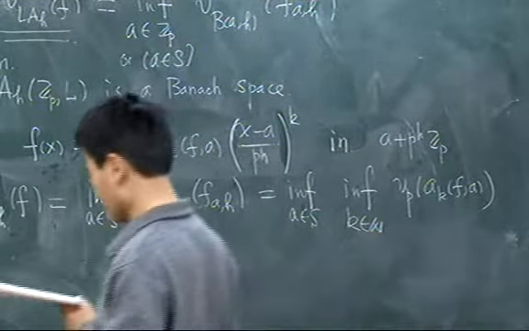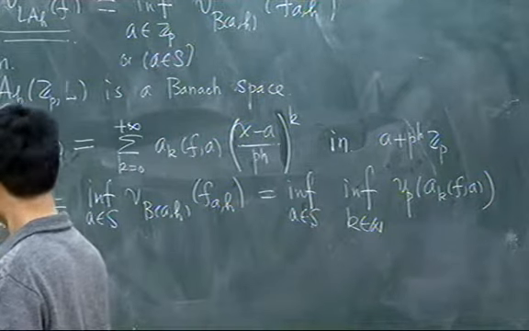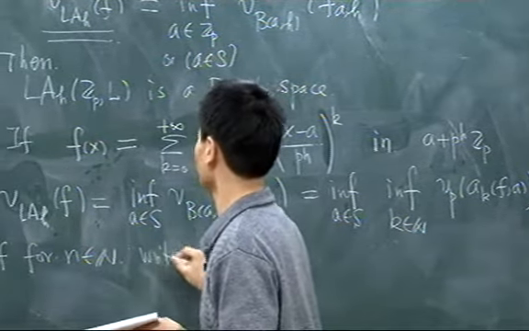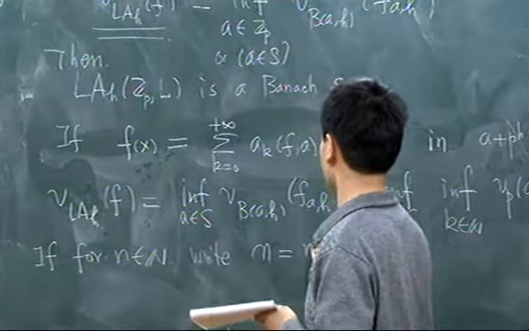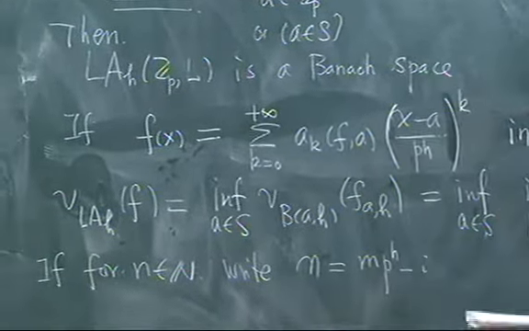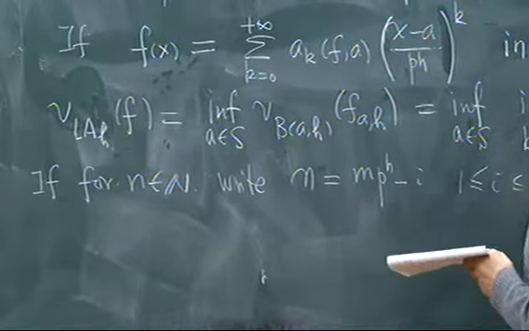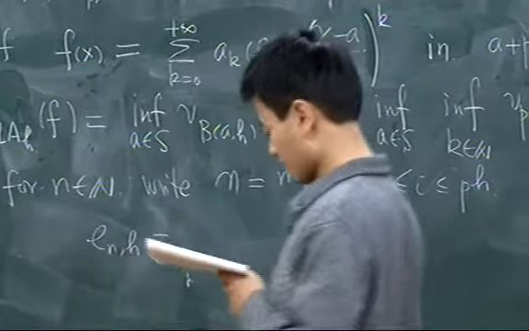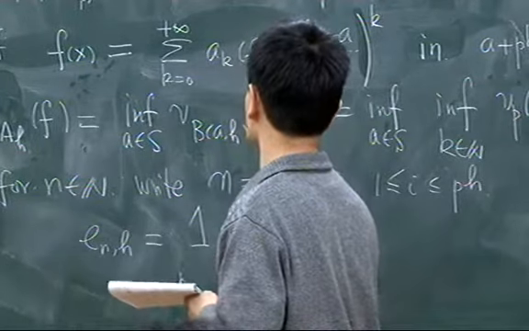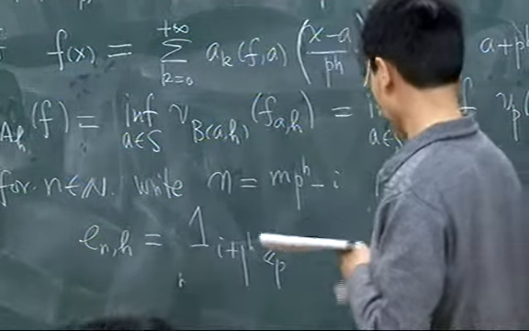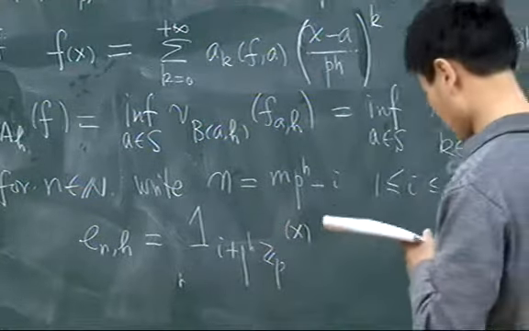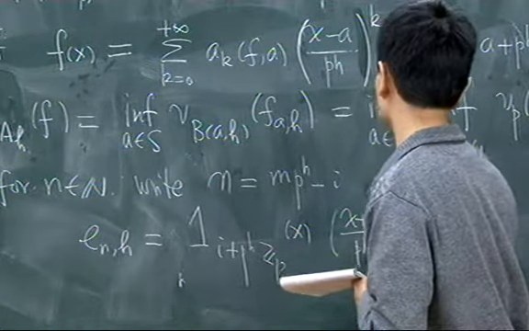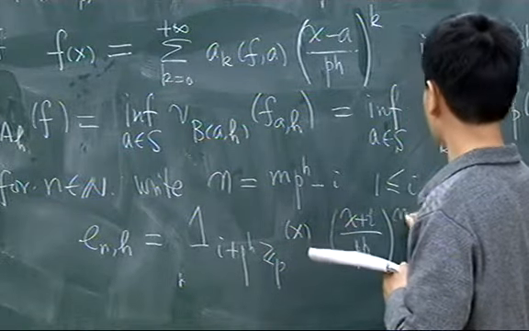So the first one is, for n contained in N, with 1 less than i less than p to the h, then we let e_{n,h} be the function sending x to a_n, times (x + i over p to the h) to the n minus 1, over i plus p to the h Z_p.